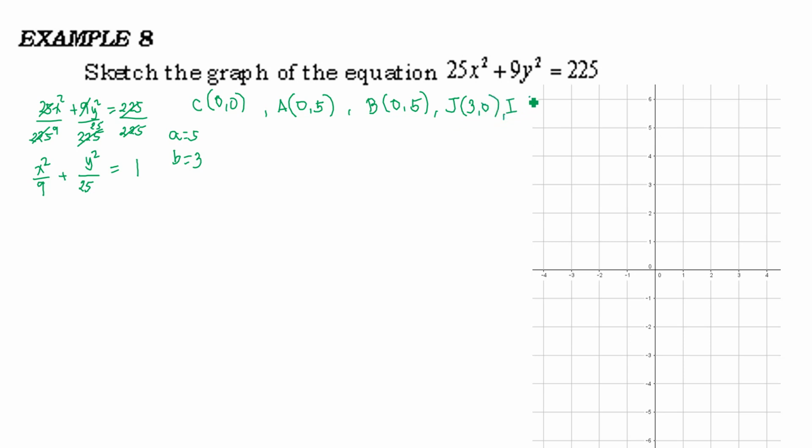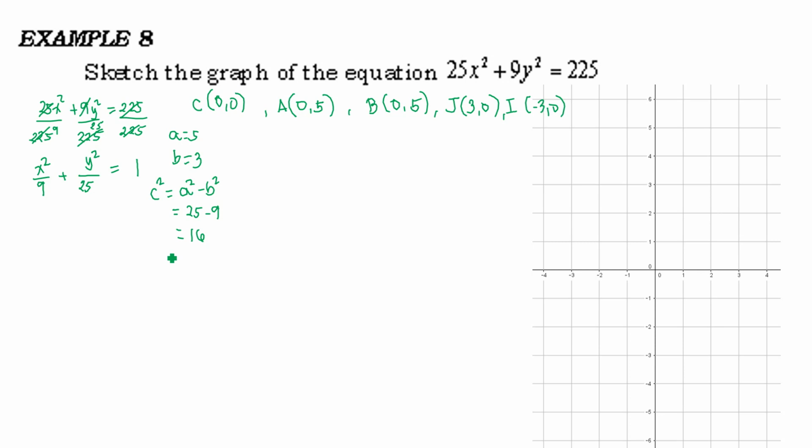For our foci, we could have c squared equals a squared minus b squared, which is equal to 25 minus 9 equals 16. And the principal root of 16 is 4.